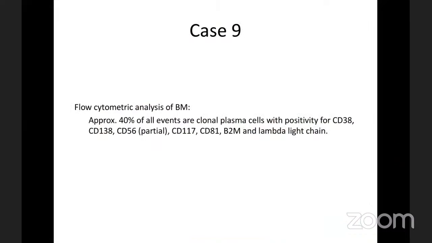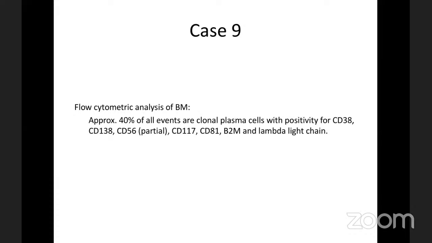In this case, you need to confirm the clonality of the plasma cells. You will do your enumeration on the slides, morphology, and then you will go and run your flow cytometry for clonality. This patient, we did it on bone marrow.